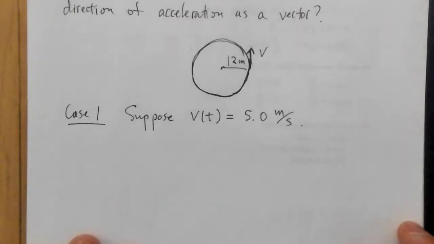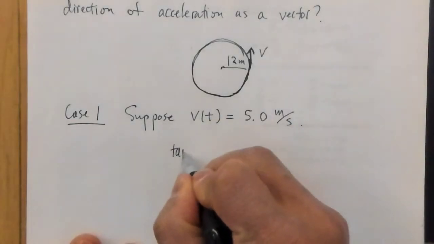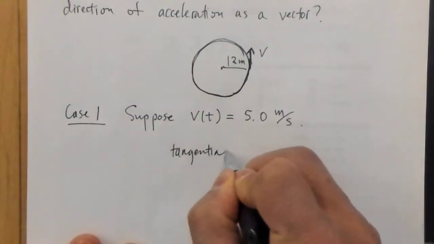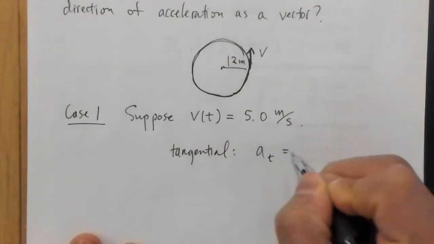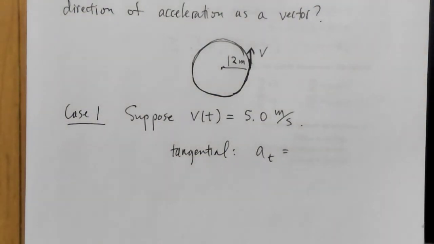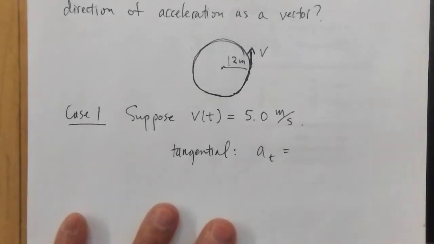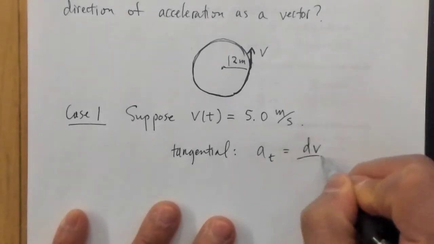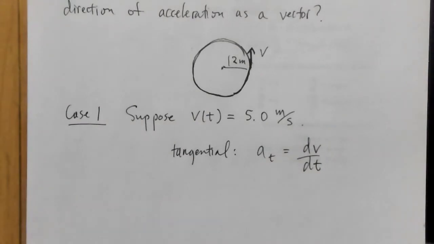All right, let's do this. So first of all, we'll do tangential. Tangential, and this is the formula that I just told you at the beginning of the class, is not on your formula sheet, but it's the derivative of the speed with respect to time. Okay? So if you think about it carefully, the tangential acceleration is basically like the straight line acceleration we were talking about before we did the circular stuff.